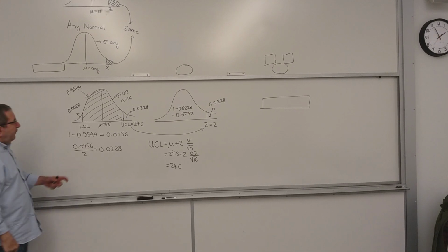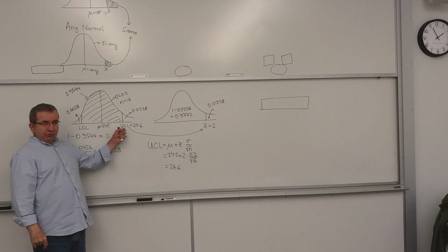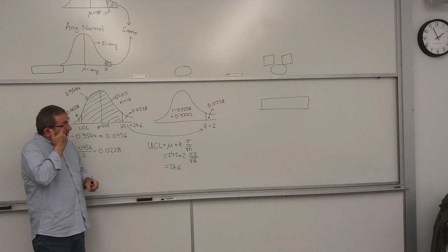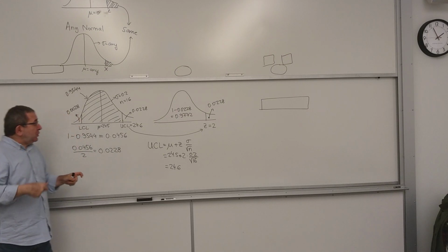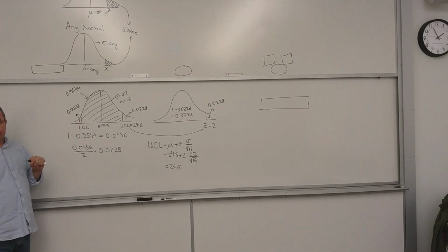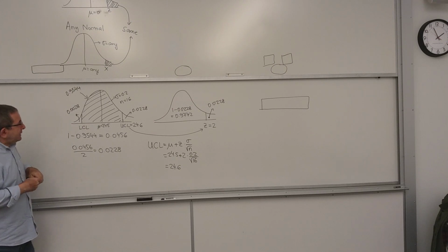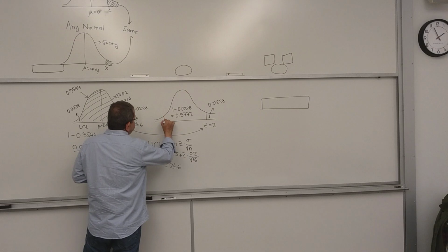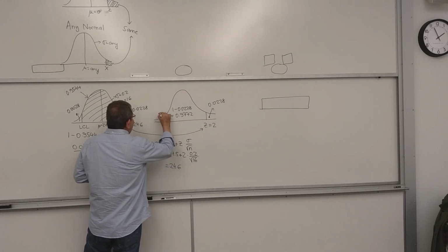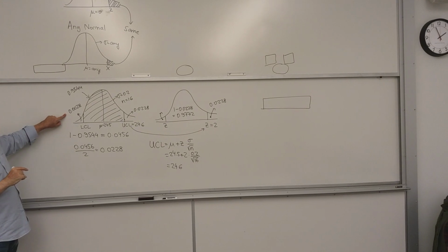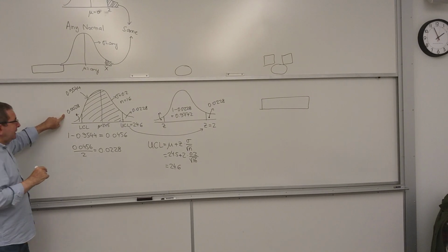So we have found the upper control limit. Okay. So then we need to find the lower control limit. Okay. So the z value that corresponds to the lower control limit will have the same probability as this one.